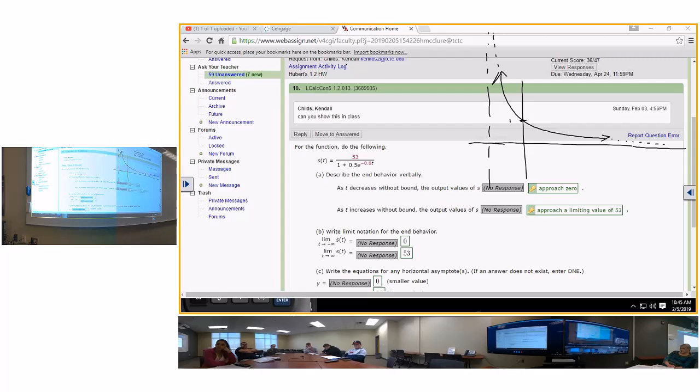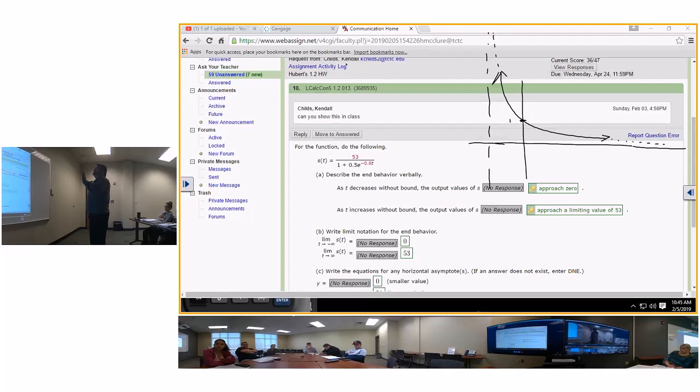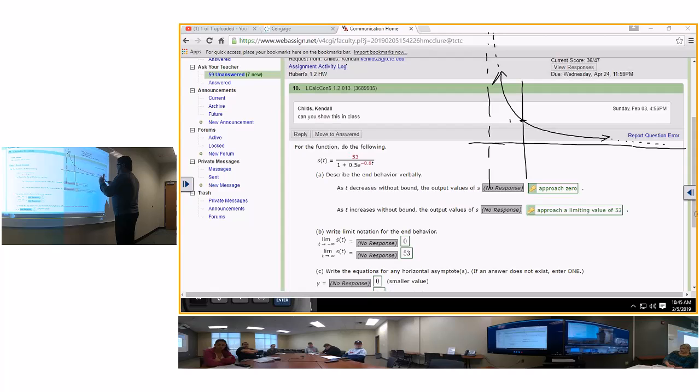All right? And what is this function doing? This function predominantly is doing what? Decreasing. There you go. Is it decreasing during the whole thing? Yes. And it's approaching what? 0 right here. It's approaching y equal to 0, which is the x-axis.